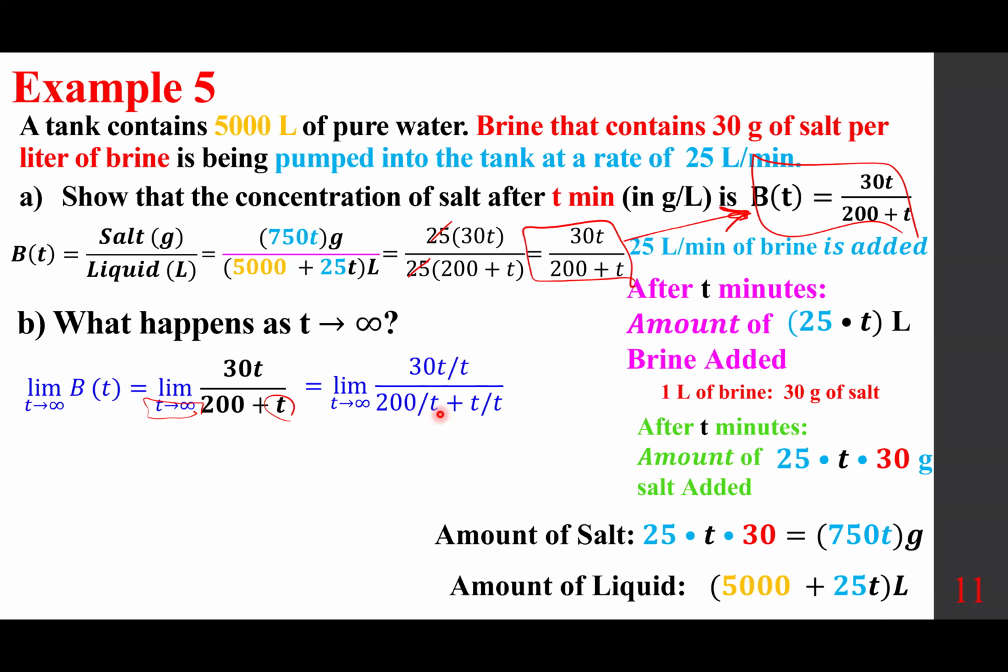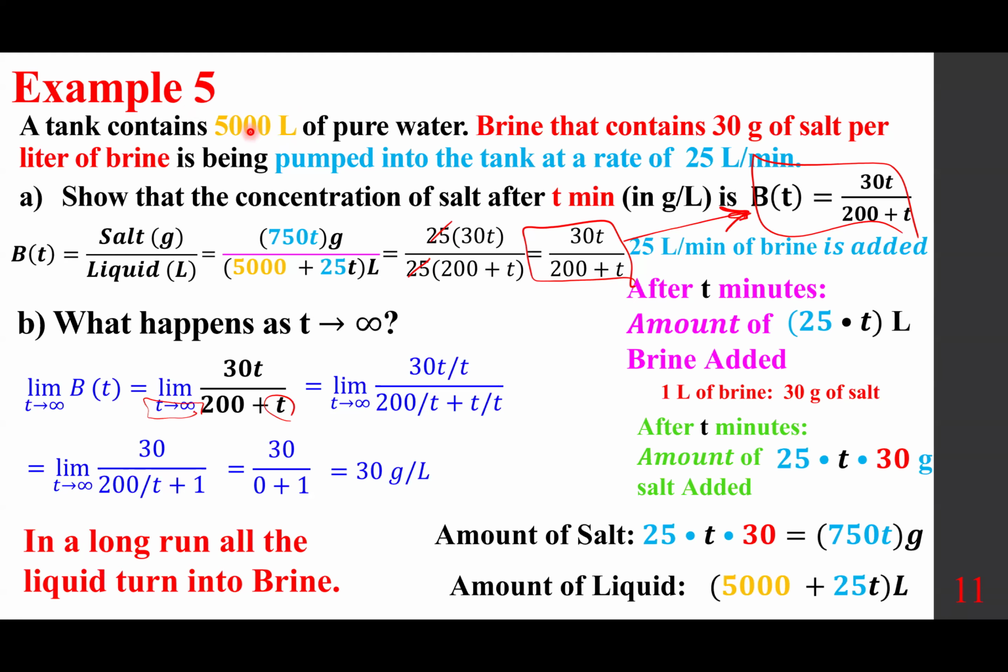And this is the significance of that. So what does it mean? We have brine that had 30 grams of salt per liter. Why is that the same? The idea is this. Although we have a lot of pure water, 5,000 liters, a lot. If you continue indefinitely, you add so much brine that eventually this much water is nothing compared to that.